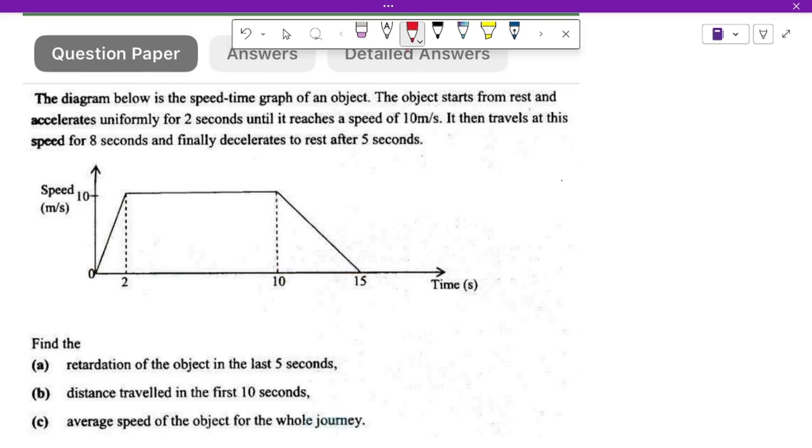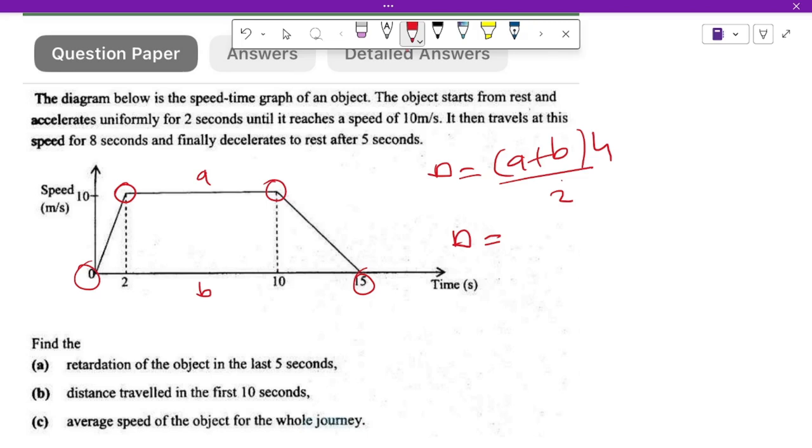Okay, meaning your A will still be this one up here, and then your B now will be from here to there. A is from there to there. Okay, your height is still going to be the same. So I would rather just calculate the distance for the whole journey. So I'll simply say A plus B, since we are dealing with a trapezium, over 2. So distance is going to be, your A there, we said 10 minus 2 there, giving us 8. Okay, plus, what is our B?